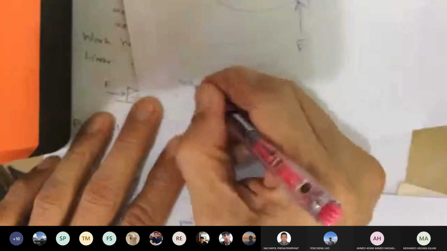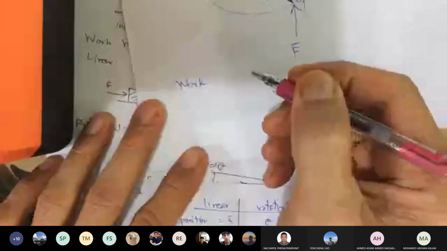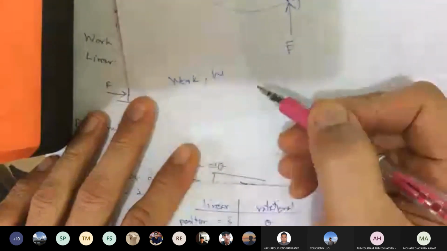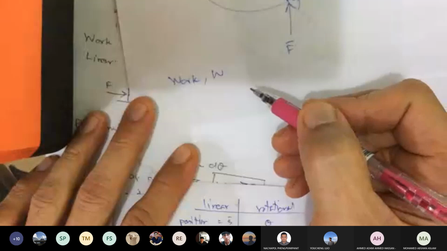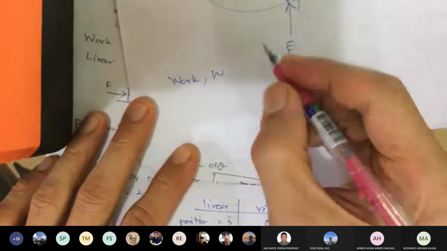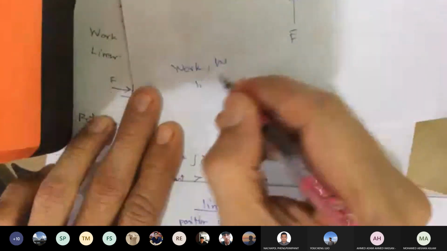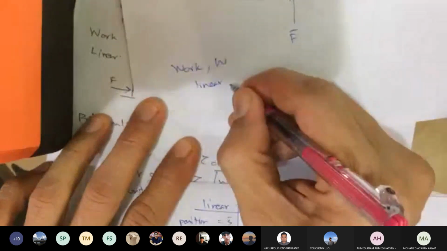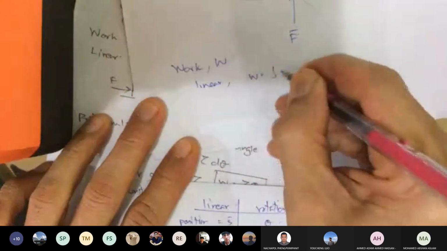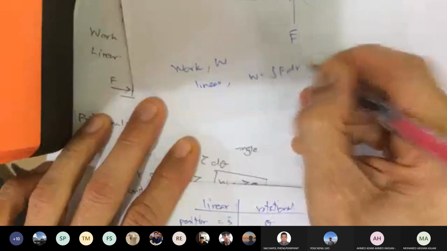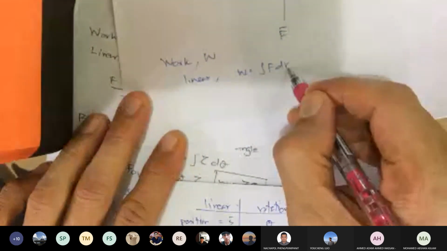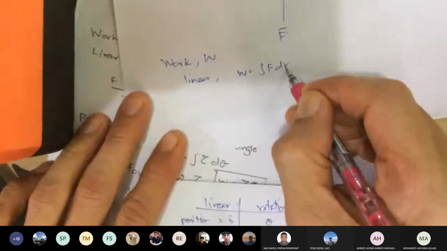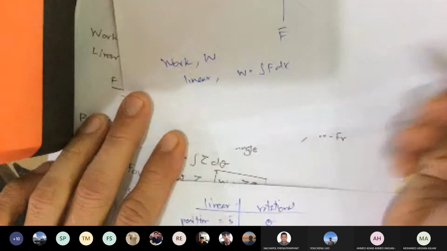Work. W is our parameter. In linear motion, its definition is that W is the integration of force through distance. In your book it is using R, position.